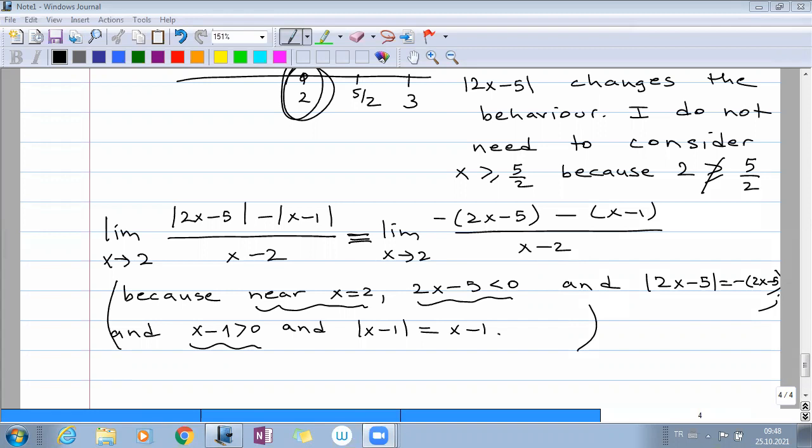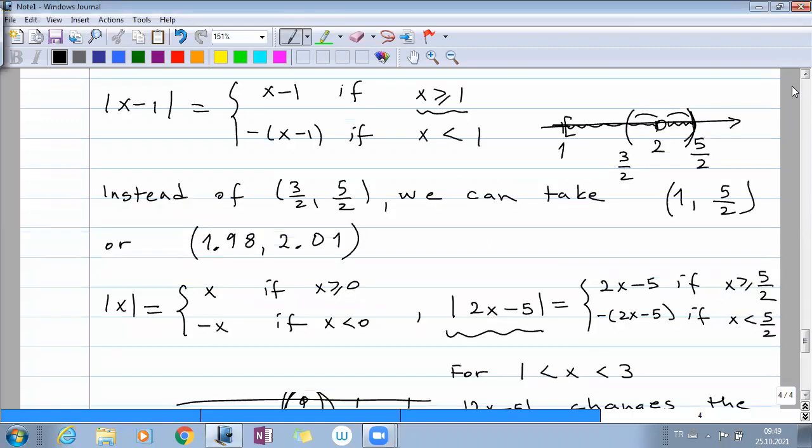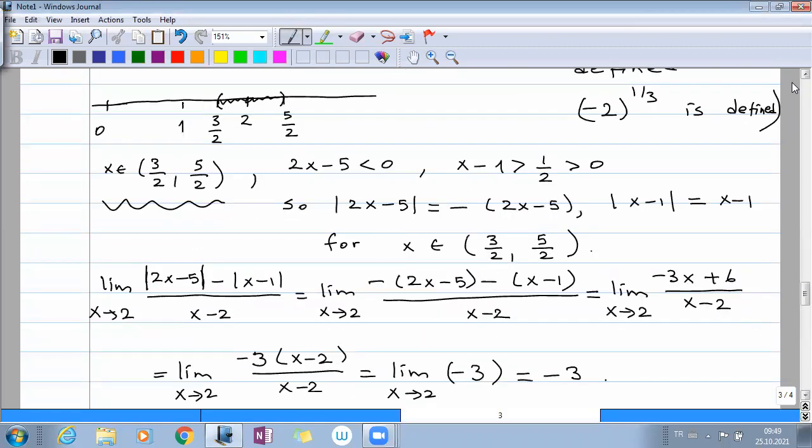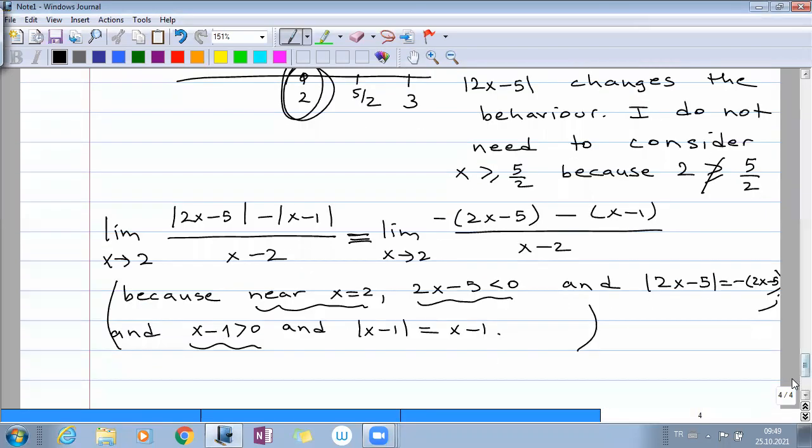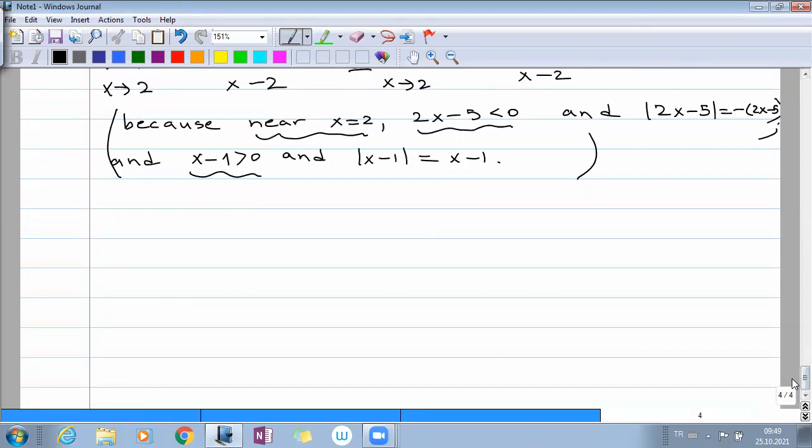All right, now let me give you another example involving the absolute value. This was example 6, so example 7. Limit as x approaches 0 of absolute value of x divided by x.